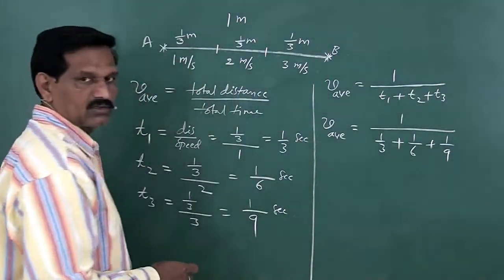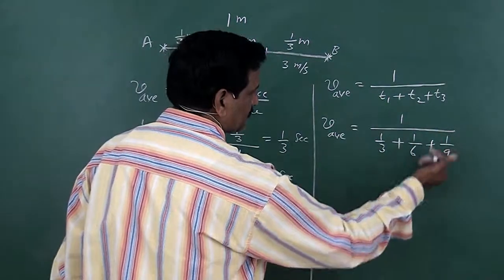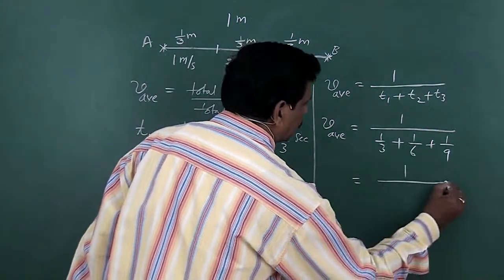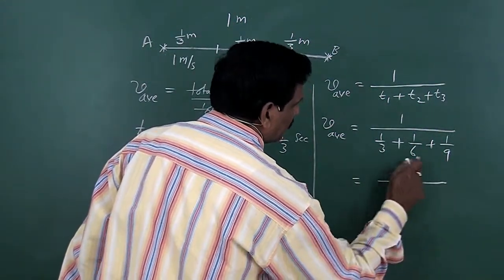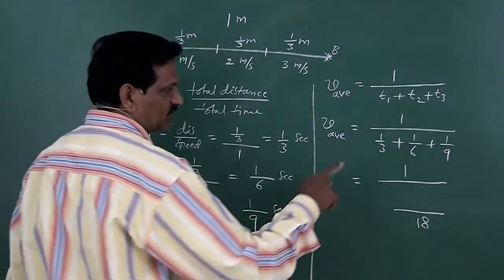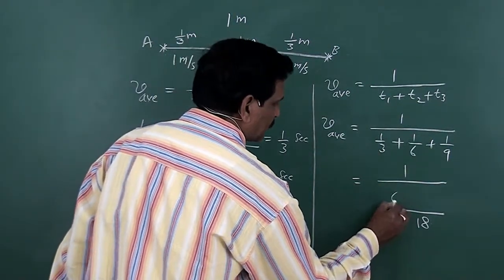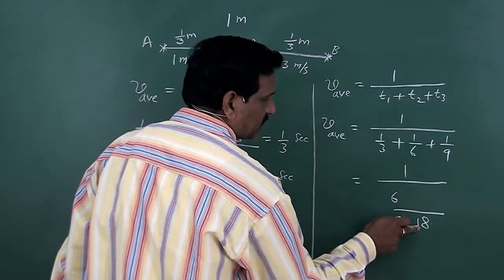So average speed equals 1 by 1 by 3 plus 1 by 6 plus 1 by 9. For these 3, LCM is 18. 3, 6, 9, 18. This 3 becomes 6, 3 6 times is 18.